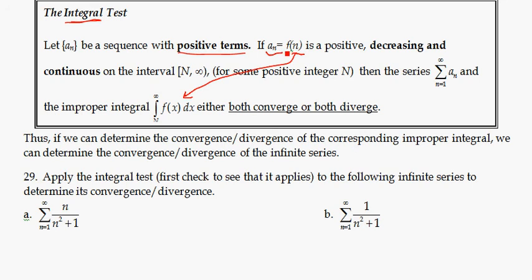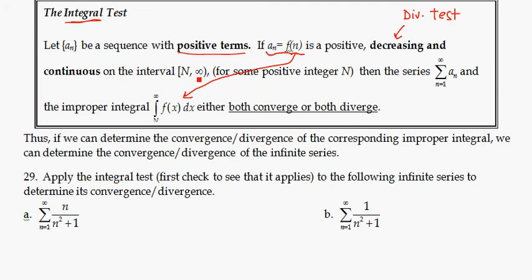So we want to change notation to really think of it as a function. If this function is positive, decreasing, and the decreasing is sort of obvious, because if it wasn't decreasing, then we would use the divergence test and get divergence anyway. So positive, decreasing, and of course continuous, right? We're forcing the sequence to become a function that's continuous on some interval from n to infinity.